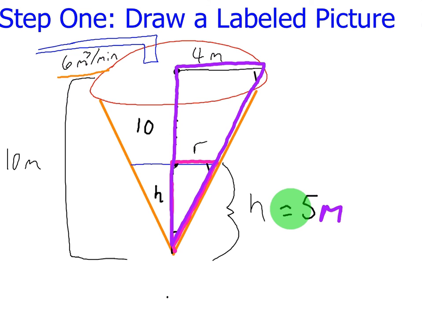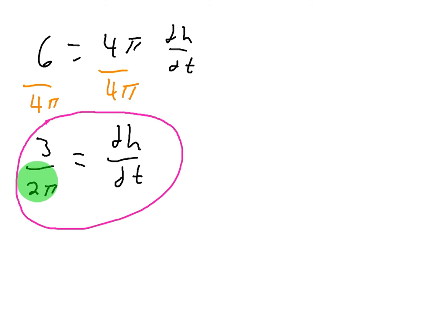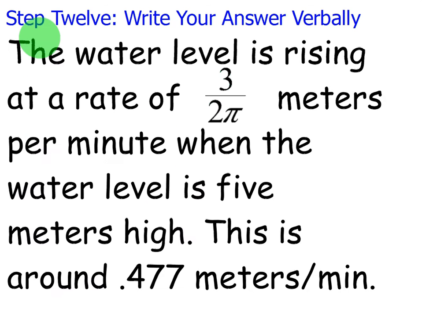So for step 11, we had 3 over 2 pi is equal to dh/dt, but let's write that out in a sentence for step 12. The water level is rising at a rate of 3 over 2 pi meters per minute when the water level is 5 meters high. This is around 0.477 meters per minute. Again, if you want to write that in terms of centimeters, it would be about 47 centimeters per minute.